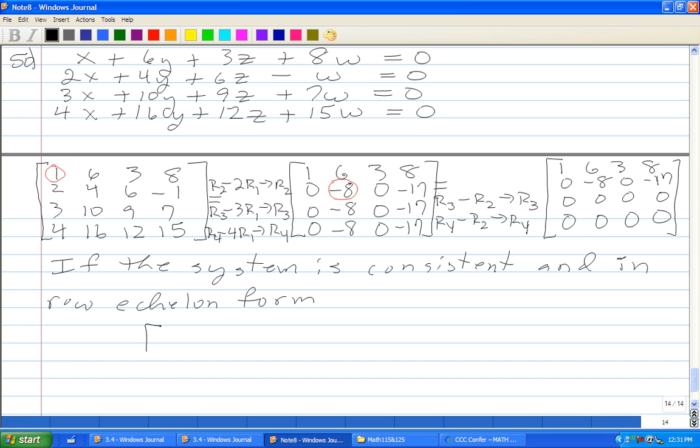And so, row echelon form, say 1, 0, and a whole bunch of zeros here at the bottom.